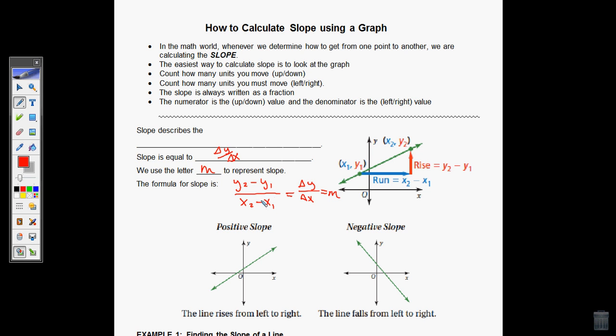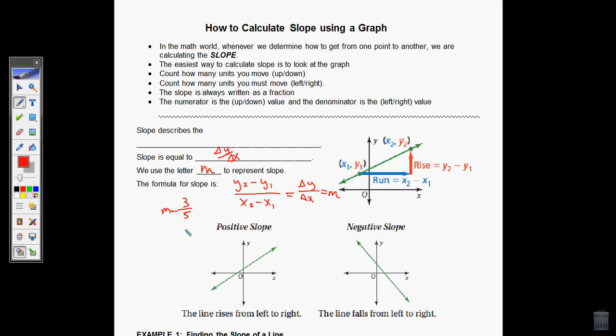Instead of looking at it in a more complex way with variables, it can be found in the simplest way by simply counting. It went up 3 and over 5. My slope is 3/5. It could be as simple as that.